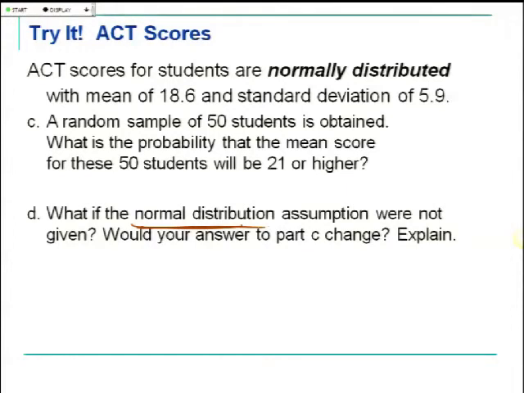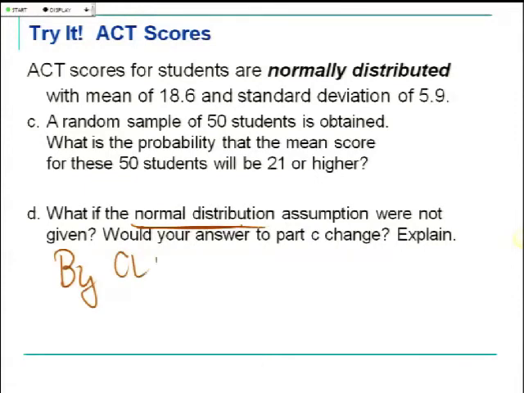What does our famous result, CLT, say? Even if the original model wasn't normal, take a large enough sample size and the model for x bar can still be assumed approximately normal. And is 50 large enough according to our criteria? Yes. So our answer to part C, the only thing that would really change would be it's about 0.002.